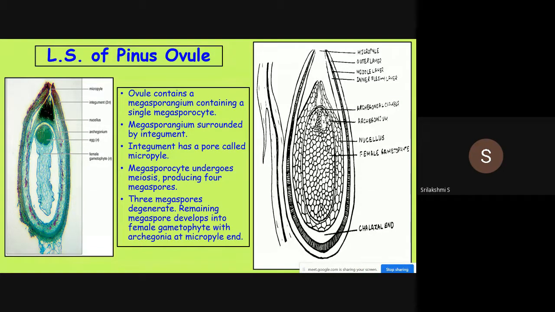In Pinus also, like some of the higher plants, more than one embryo can be formed in one seed itself. In such cases, when there are more embryos in the same single seed, it is referred to as polyembryony, formation of many embryos within a seed. So this polyembryony is also seen in Pinus.